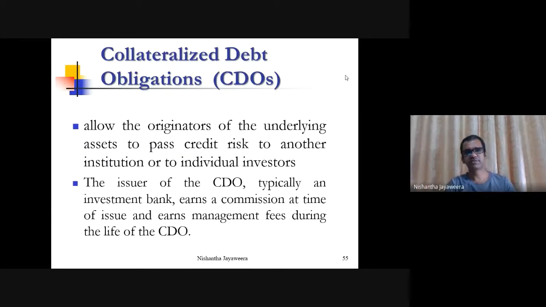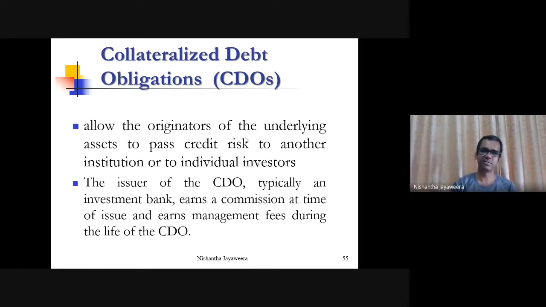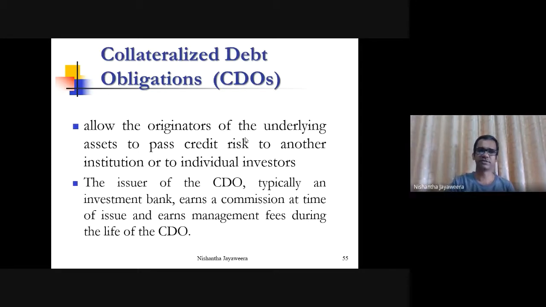So as I mentioned, the advantage is that it allows the originators to pass the credit risk, or remove the credit risk, from their balance sheet or their books to another party, which is called the SPV. And even the SPV does not keep that risk, because the SPV has passed it to the investors in the form of securities.